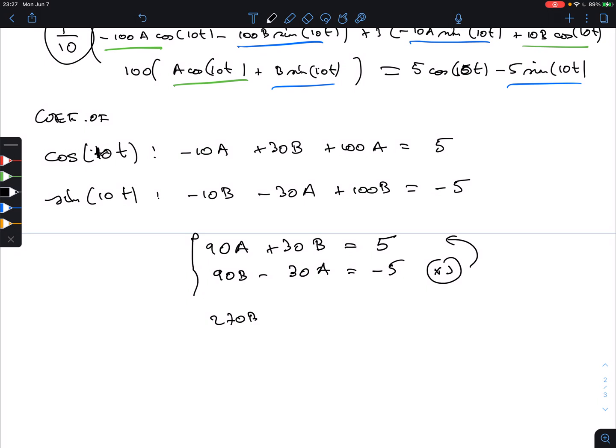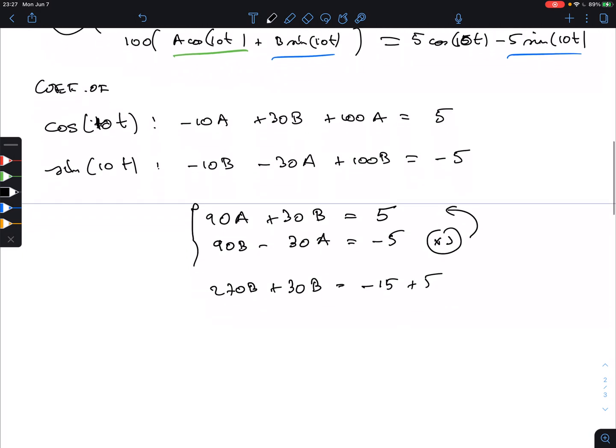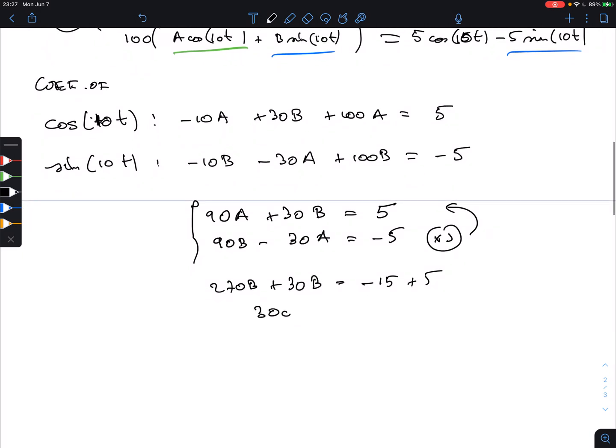270b, that's from the bottom, plus 30b just the top, and then we have minus 15 plus 5. Okay, so this is 300b is equal to minus 10, so we see that b is equal to minus 10 over 300, which is minus 1/30. And then the other one, I can plug this in now, say in this one here.